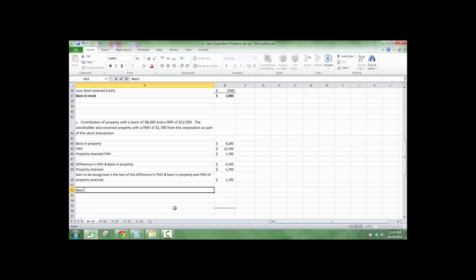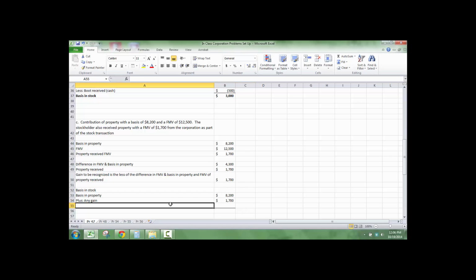So now we calculate basis in stock. It equals the basis in the property plus any gain, which we calculated, less any boot received, which equals the fair market value of property received.